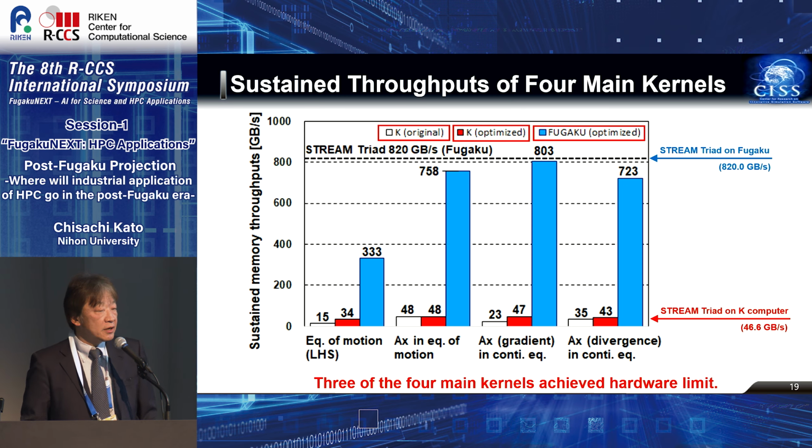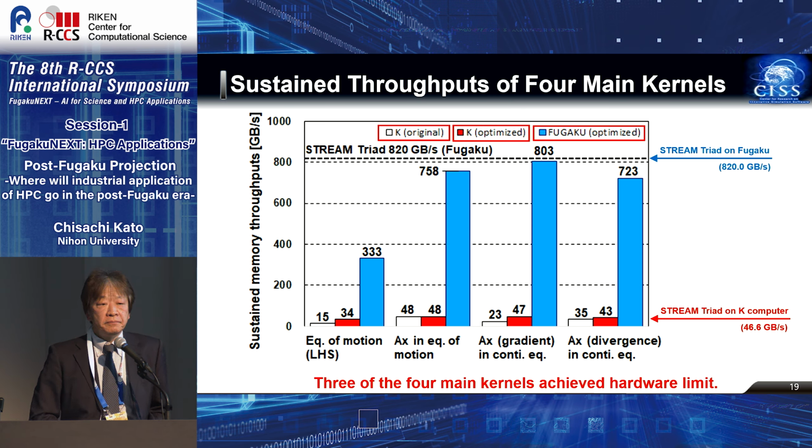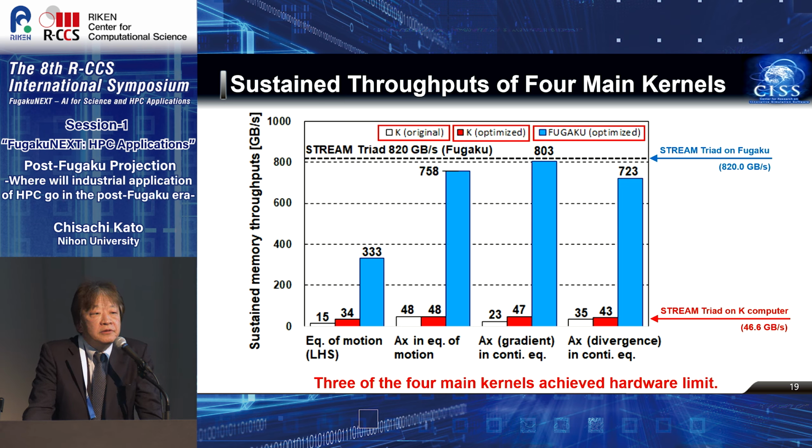The memory throughput, as I mentioned, is very important. So all the time we are comparing against the maximum possible sustained memory throughput, by referring to the data taken from the STREAM Triad benchmark. As I mentioned, we have 4 kernels, and out of the 4 kernels, 3 are memory throughput bounded. For all of the kernels, we have reached almost the maximum performance that the memories can deliver.